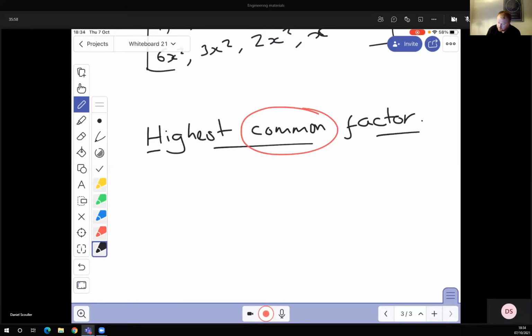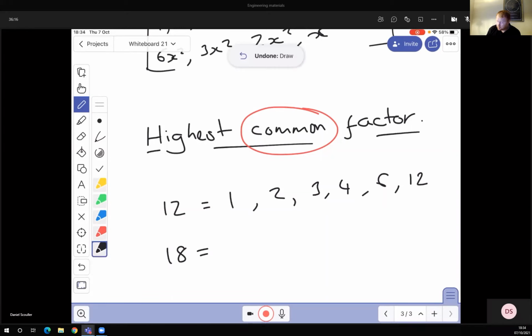So if I start with 2 numbers we've done already, 12 and 18, and I write out all the factors that we took for 12: 1, 2, 3, 4, 6, and 12.